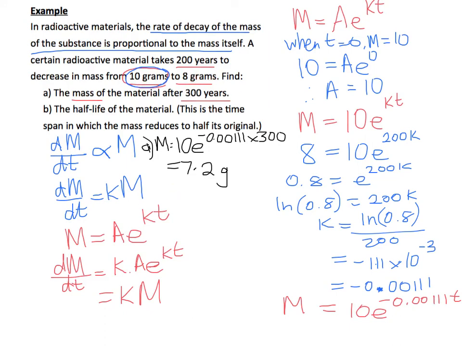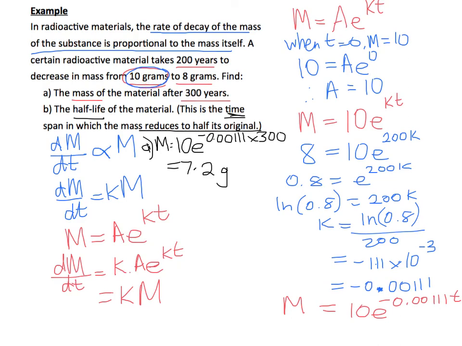Okay, then part B says find the half-life of the material. The half-life. This might be familiar for some of you who do chem. So this is the time. This question is saying find the t when the mass is half its original. So its original mass was 10 grams. So half of that is going to be 5 grams.